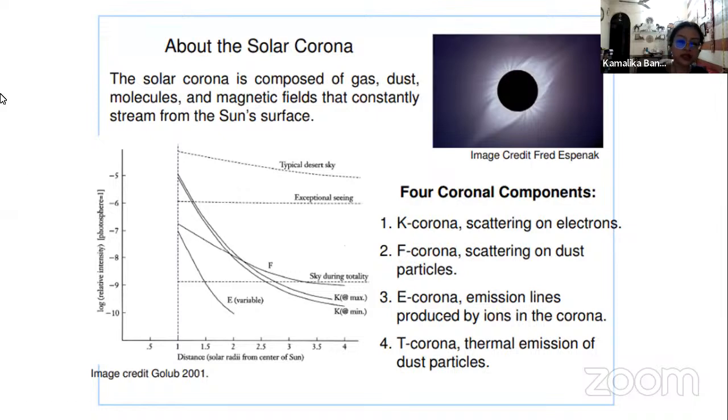Now, as you can see in this graph, this is the relative intensity. The intensity of the corona is equivalent to a full moon. It is so less.